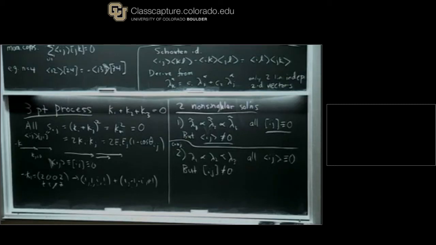Okay, now I need to mention something which is called little group scaling. So we have some scattering amplitude, and we have a particle coming out of here with helicity h.